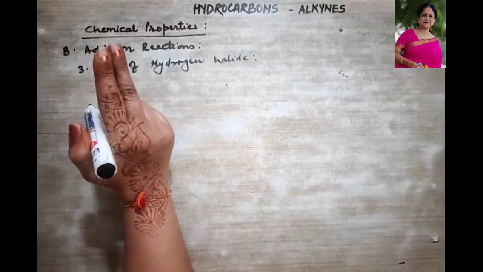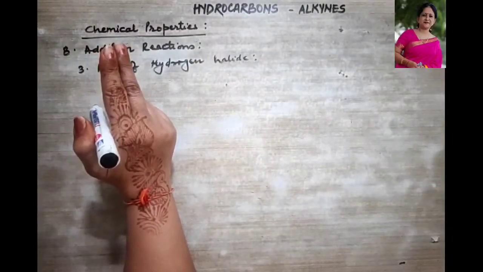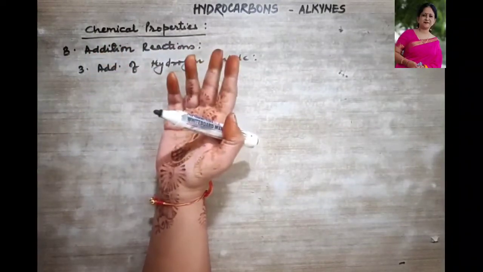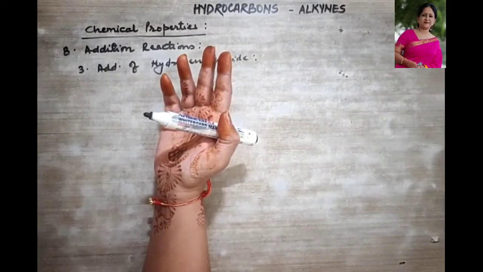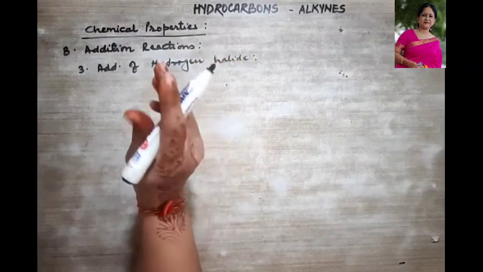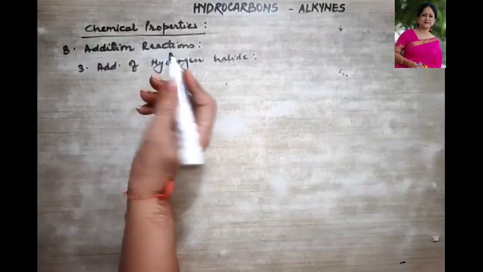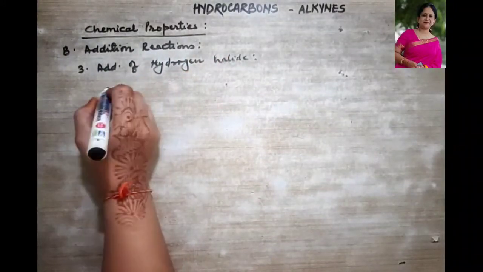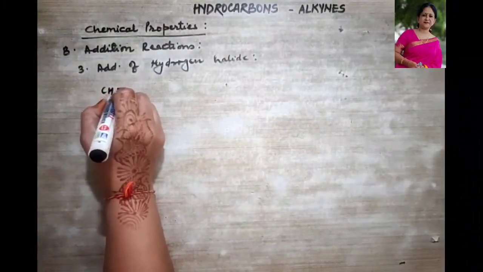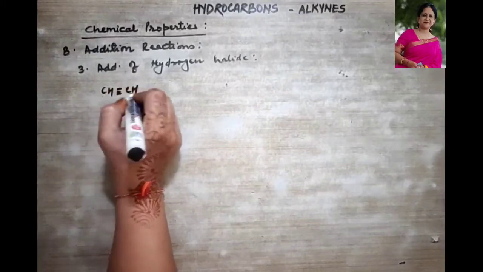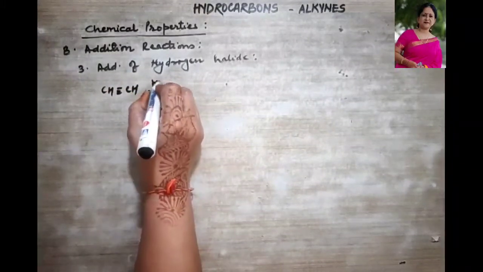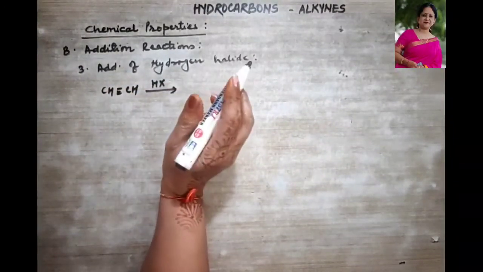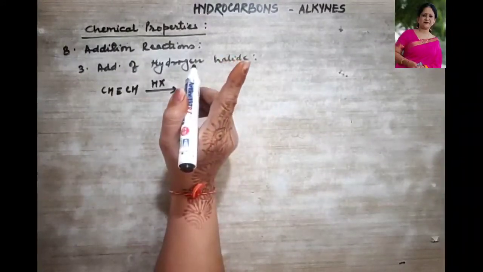The addition of halogen acids to alkynes takes place in 2 stages. First, the vinyl halide type structure is obtained, with which the second molecule of halogen acid reacts and it gives us dihaloalkanes. For example, if we take ethyne, and suppose I add any hydrogen halide to it, first what is it going to form?